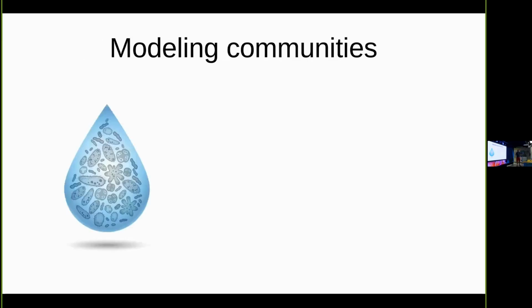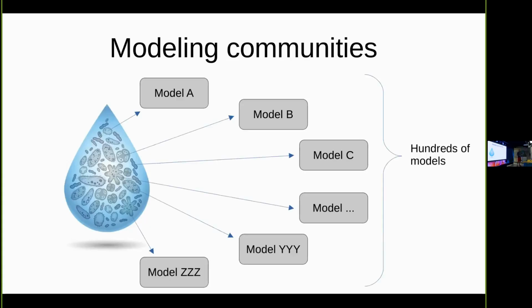And so when you go back to our community of microorganisms, there are a lot of ways to model it. One way would be to get a model for each organism, right? So if you have 100 organisms, that means you will have 100 models. However, to me, that's not the right way to do it.